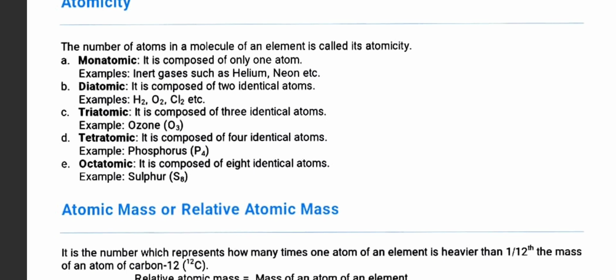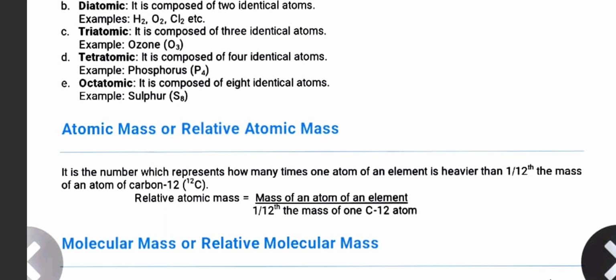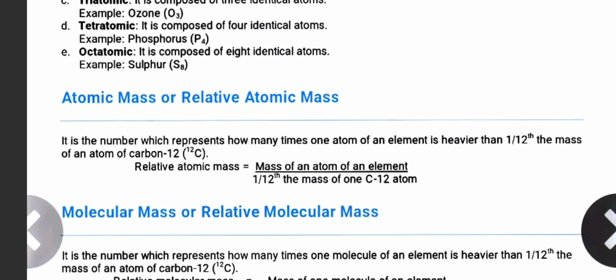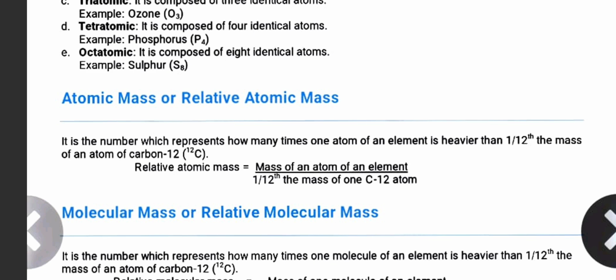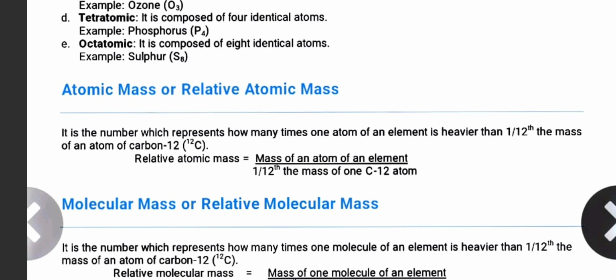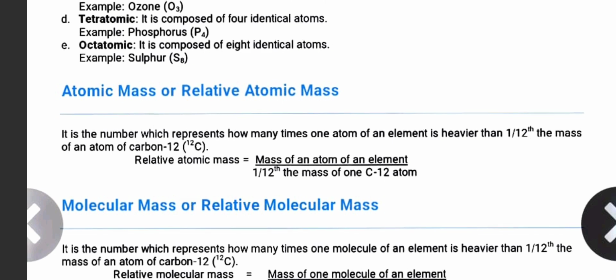So the atomic mass or relative atomic mass is the number which represents how many times one atom of an element is heavier than 1/12 of the mass of an atom of carbon-12. So relative atomic mass is equal to the mass of an atom of the element upon 1/12 of the mass of one carbon-12 atom.